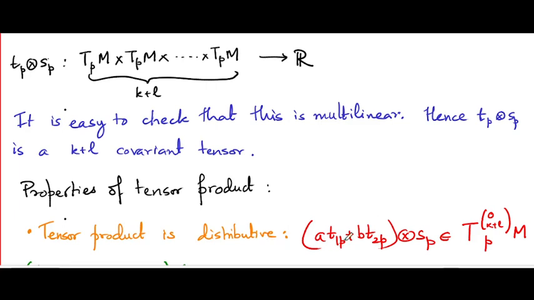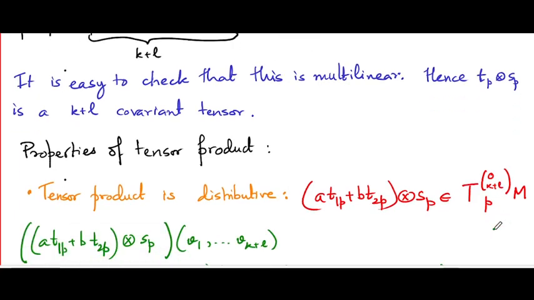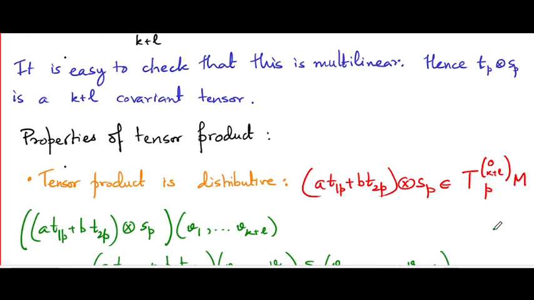So if you have AT1 plus BT2 and you form a tensor product of that with S, of course all of them at P, what you get is a k plus L rank covariant tensor at the point P. And just to see what that is, you have to give it k plus L arguments.